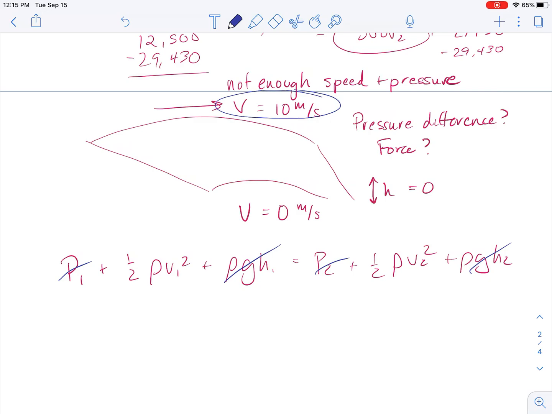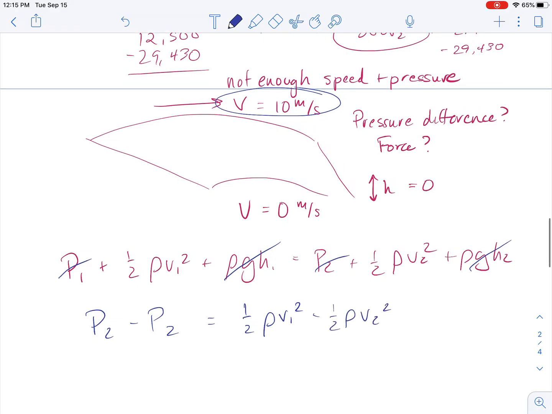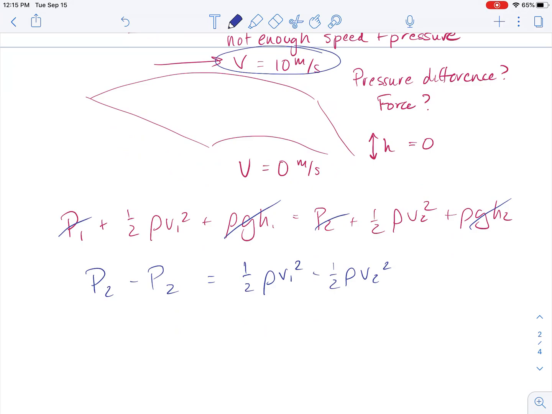In fact, if I wanted to find the change in pressure, if I solve this for P2 minus P1, it's going to be 1/2 rho V1 squared minus 1/2 rho V2 squared. So be careful with your algebra and think about this for a minute.